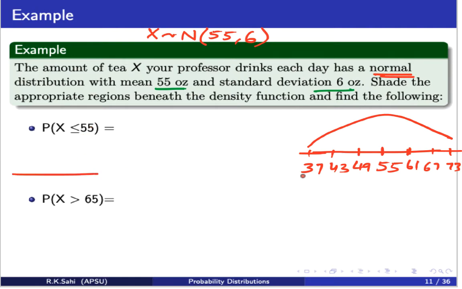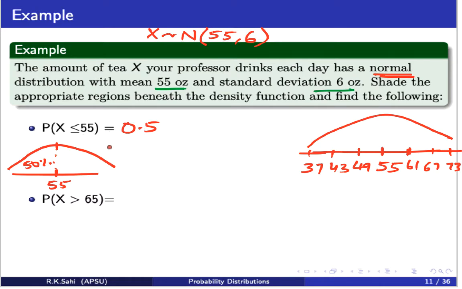We have already done the work. 55 is right at the middle point, and this bell curve is symmetric around the mean. That means 50% of the observations lie to the left, and 50% means 0.5. This is just by understanding the definition of the normal curve.